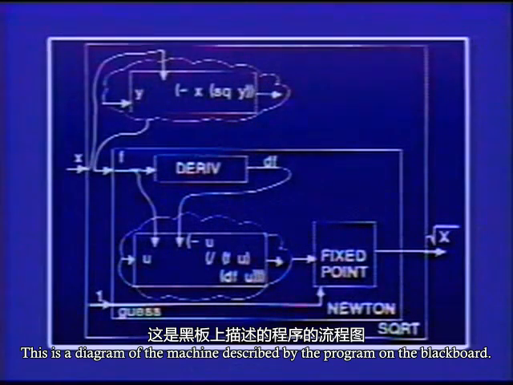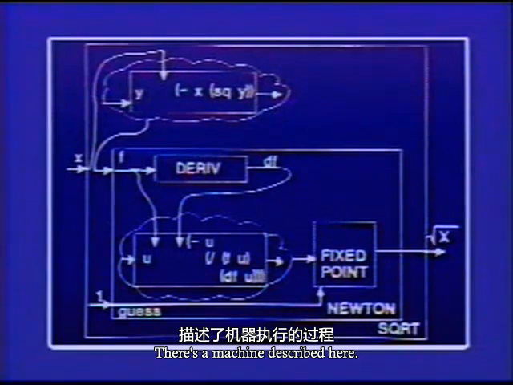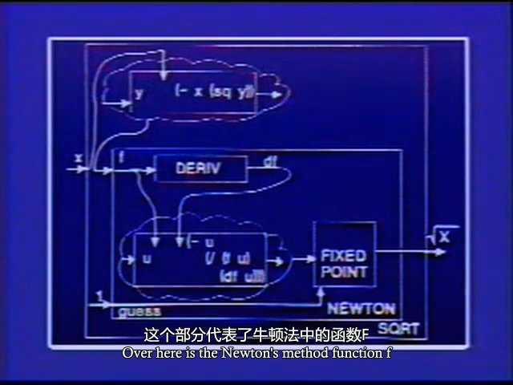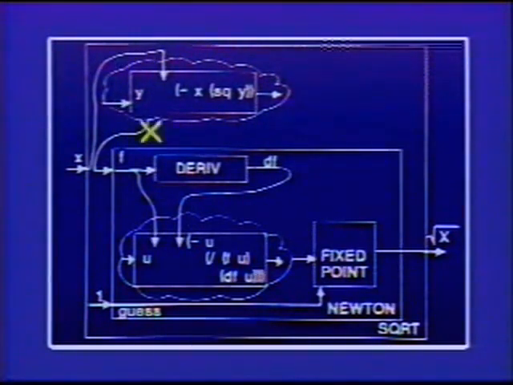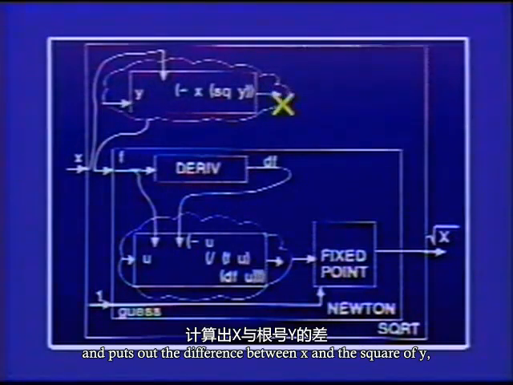This is a diagram of the machine described by the program on the blackboard. There's a machine described here. And what have I got? Over here is the Newton's method function f that we have on the leftmost blackboard. Okay? It's a thing that takes an argument called y and puts out the difference between x and the square of y.